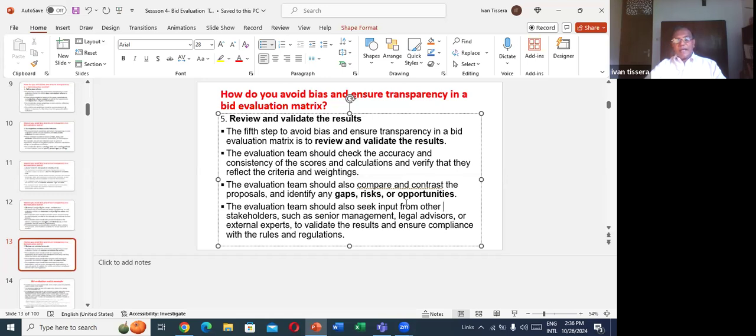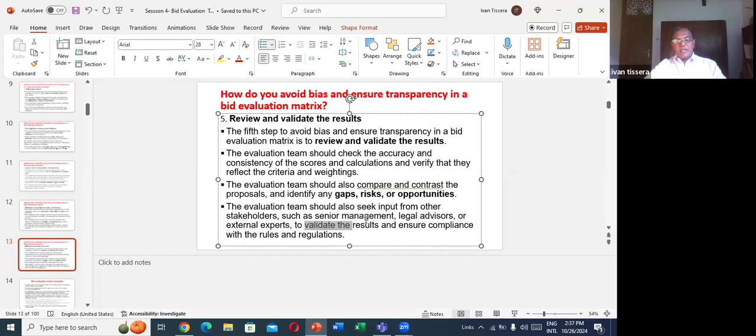And what are the opportunities? Things like that. The evaluation team should also seek input from other stakeholders such as senior management, legal advisors, or external experts to validate the results and ensure compliance. I mean, that is called the validation.